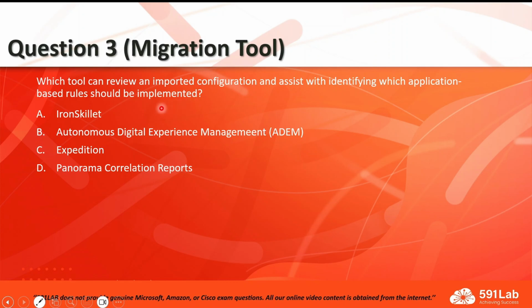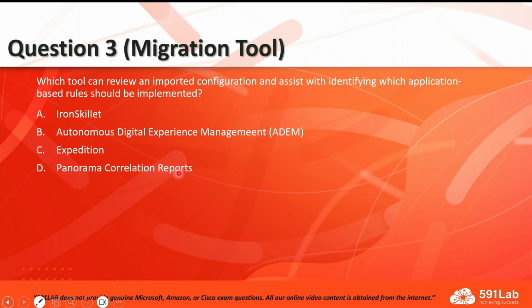The options are as follows. A. Iron Skillet. B. Autonomous Digital Experience Management or ADEM. Or C. Expedition. Or D. Panorama Correlation Reports.